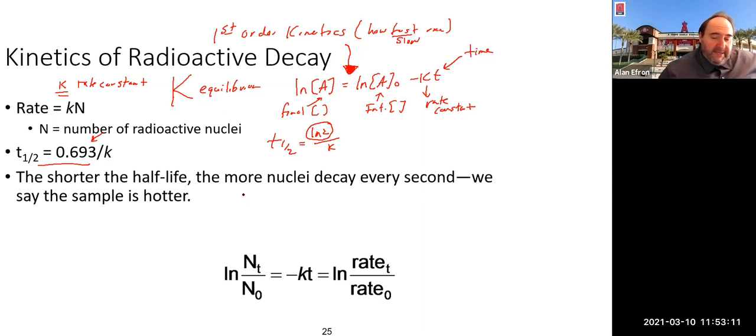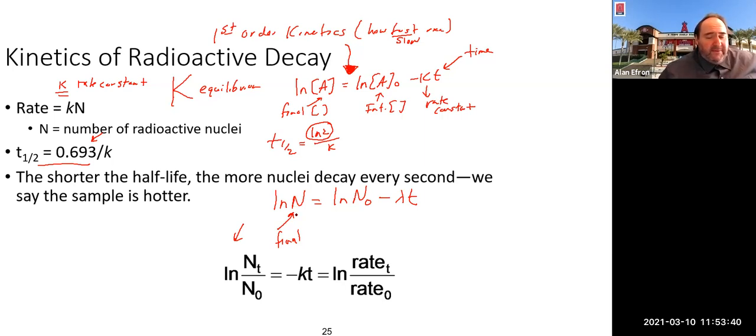Now, sometimes in nuclear chemistry, which is what we see here, they'll change out some of the symbols, and they'll use something like the natural log of N is equal to the natural log of N naught minus lambda t. And these are the same things. This is your final. And a lot of times in nuclear chemistry, we're not dealing with concentrations like we are in regular chemical reactions.